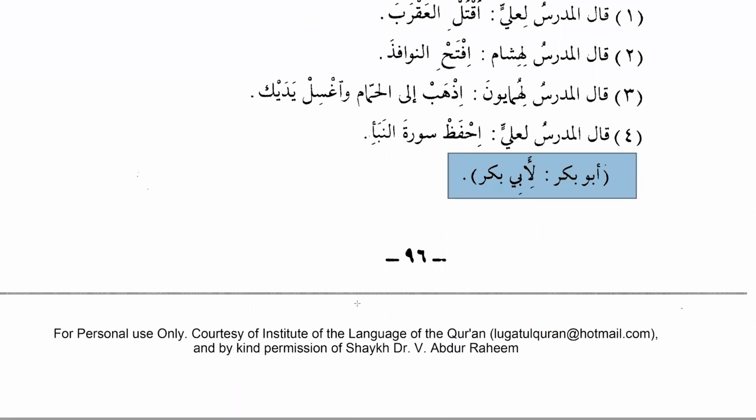That the li causes a ya to appear after Abi because it's in a state of jar. But why though? Does that ya always appear because of words in the state of jar?